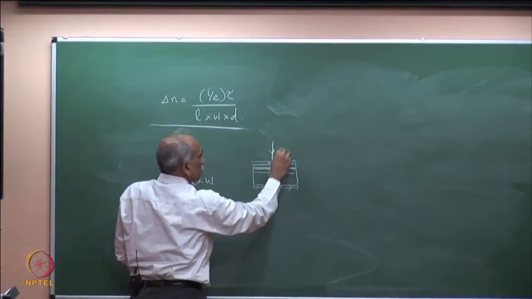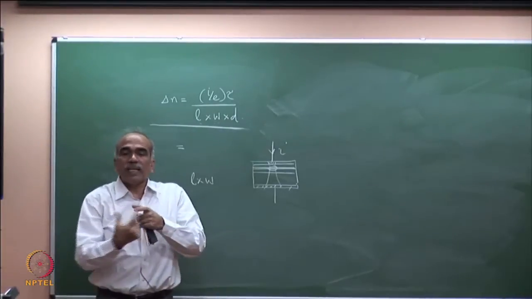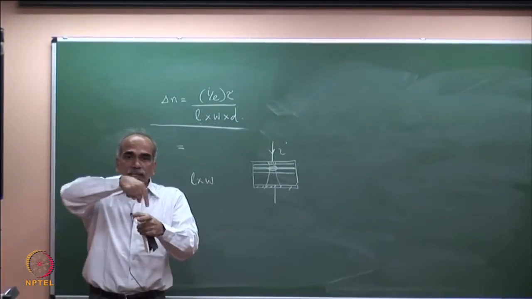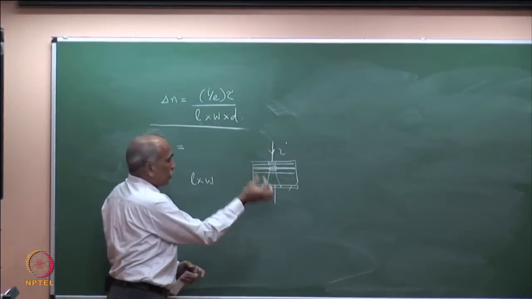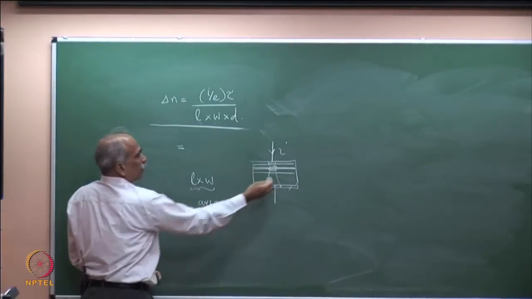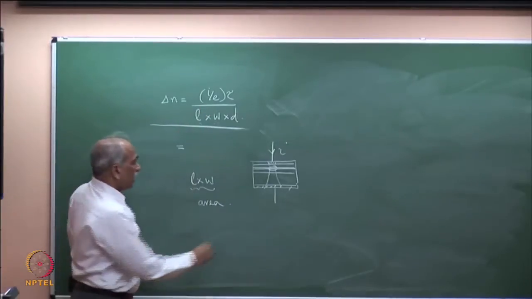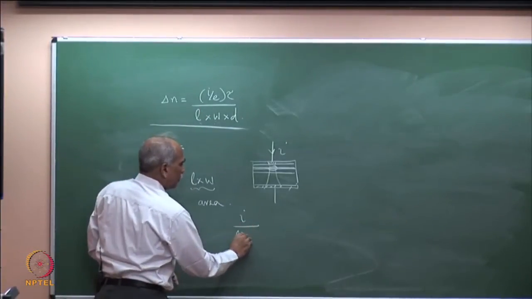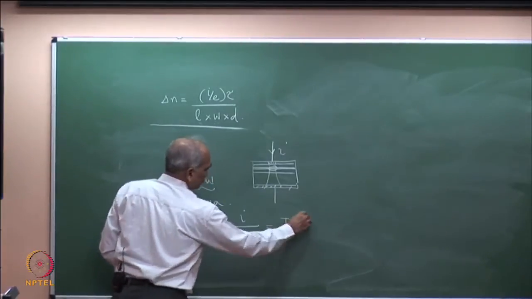Please see this, this is I. Current is flowing through an area L into W. L into W is the area of the strip, the area of the active region through which current is flowing. Therefore, I divided by L into W is what? The current density J.